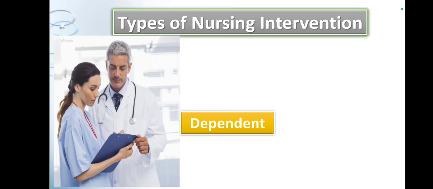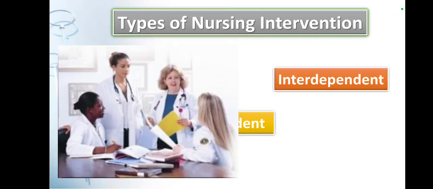Another type is your interdependent. This type of intervention is based all throughout the healthcare team, with instructions from other members of the healthcare team. So these are the different nursing interventions that you can plan.